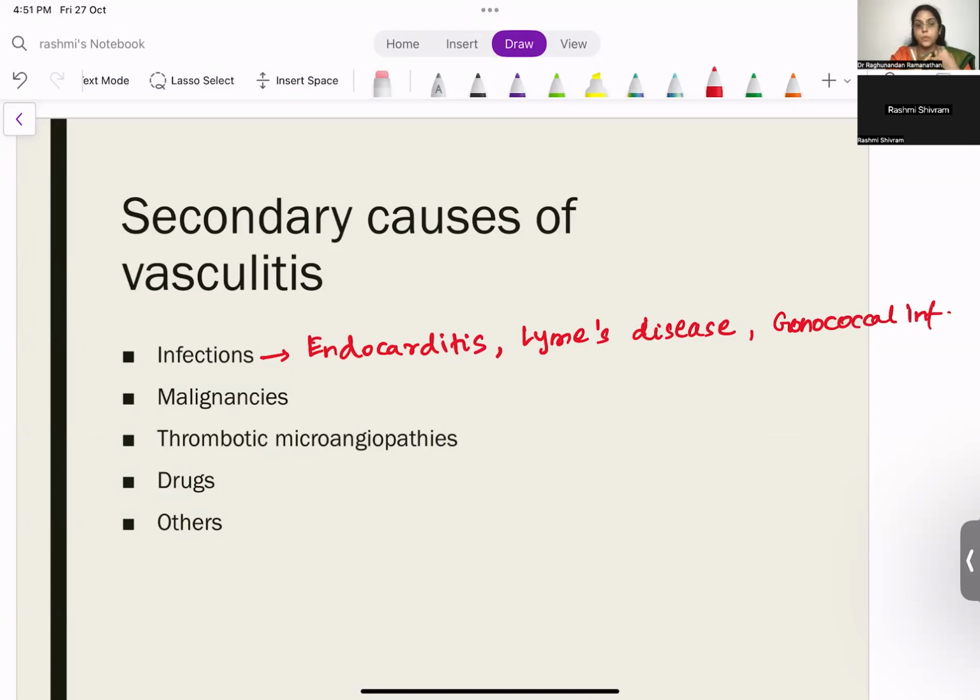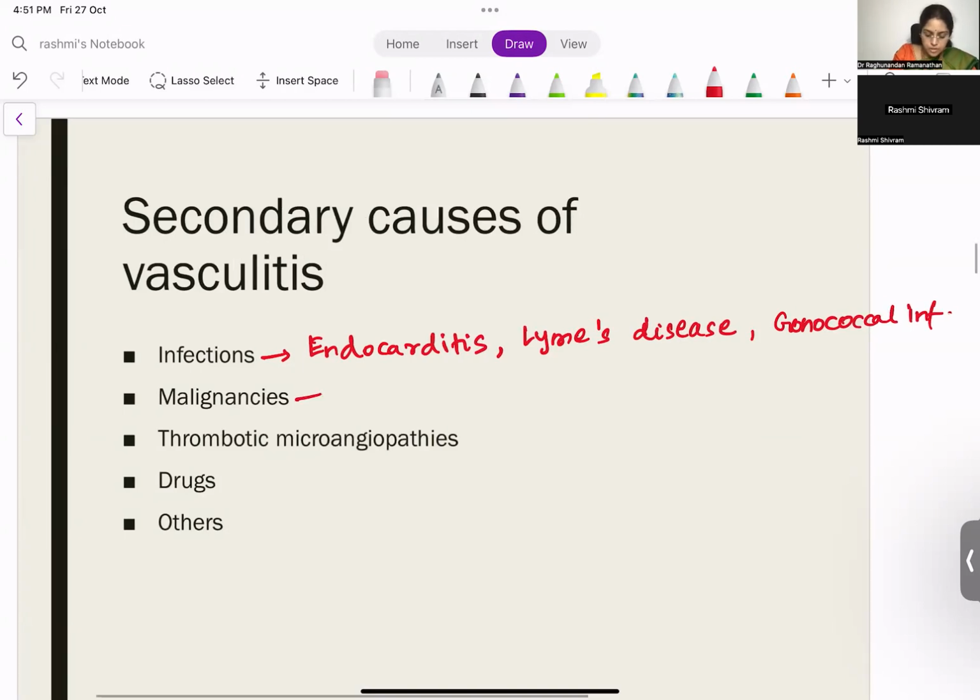Endocarditis is the most common, and it can present as vasculitis. You can see splinter hemorrhages, and you can have some immunological phenomena. You have heard about that in the class on infective endocarditis, so apply that here.